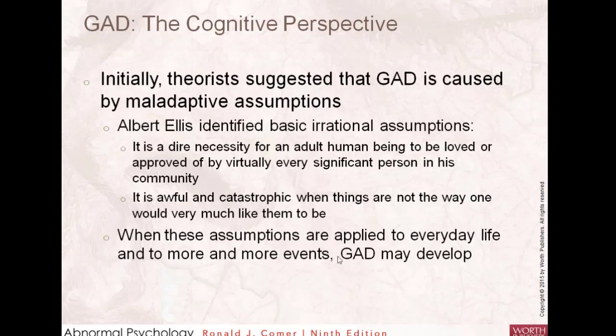So then, if you have a cognitive perspective on abnormality, you would say a person who has generalized anxiety disorder is feeling anxious because they have some irrational assumptions about themselves and about life. Just a few examples of what this could look like. There may be some people who have this assumption that it is a dire necessity for every adult human being to be loved by everyone.